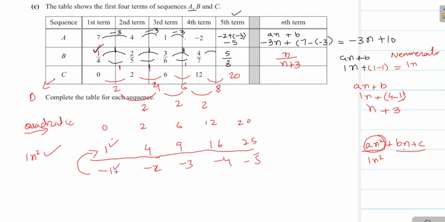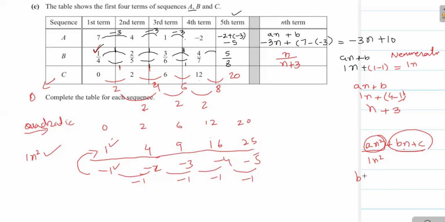And look here, this below sequence is a linear sequence, because the difference between each term is the same. The first difference is the same. Now, this is the linear sequence and an nth term formula.